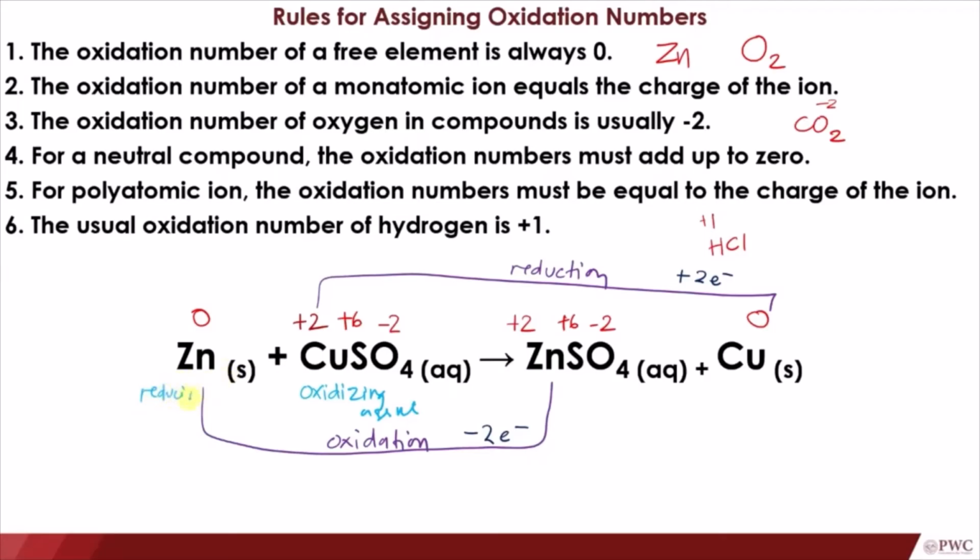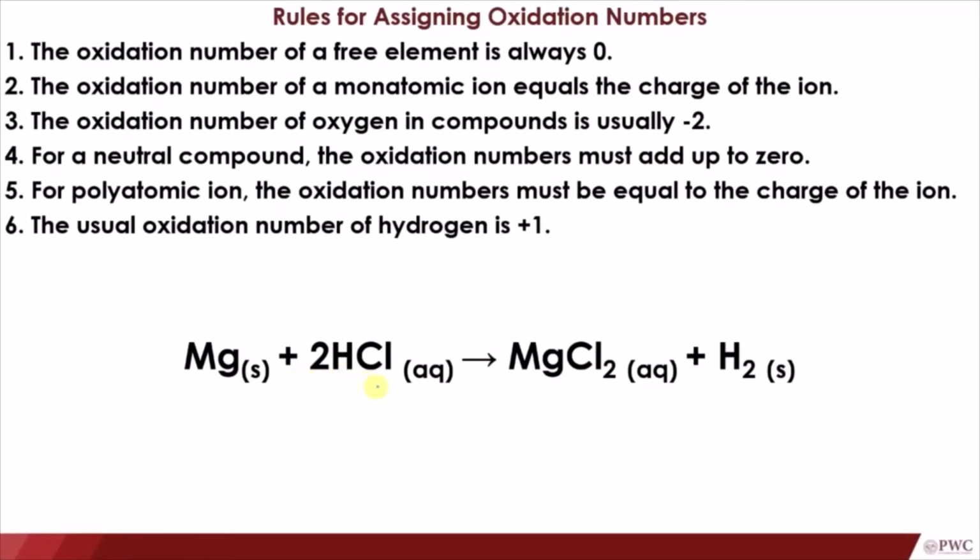In summary, the zinc has been oxidized, so it's the reducing agent. Then our copper has been reduced, so the one that is being reduced will be our oxidizing agent. So they affect each other.